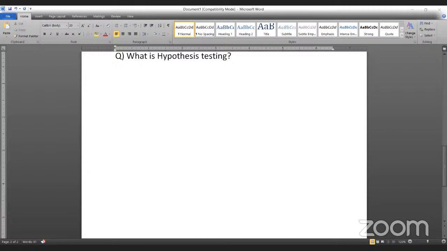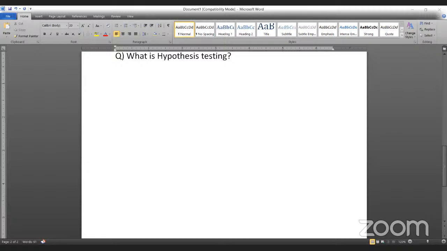After calculating the p-value, we calculate the alpha value, or significance value. If the p-value is less than the alpha value, the null hypothesis is rejected.